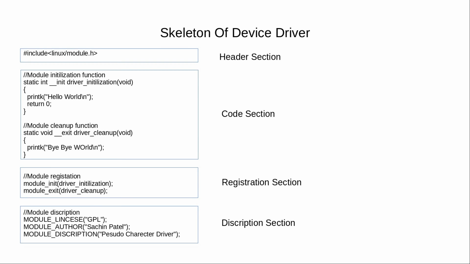As you can see, here I mentioned GPL for the General Public License, and if you are building a driver for proprietary use, then you have to mention proprietary here. The second macro is MODULE_AUTHOR, where you describe the author who developed this driver. And the third macro is MODULE_DESCRIPTION, where you can describe your driver.